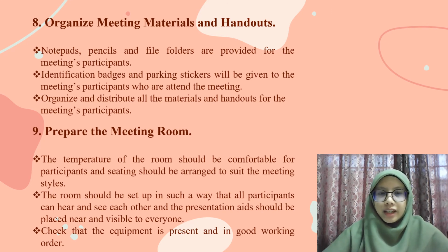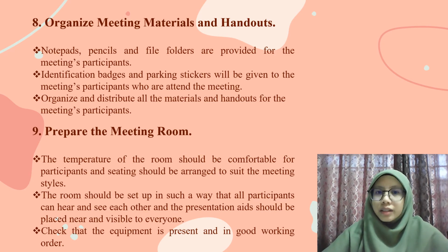Step number 9. Prepare the meeting rooms. The temperature of the room should be comfortable for participants and seating should be arranged to suit the meeting style. The room should be set up in such a way that all participants can hear and see each other, and the presentation aids should be placed near and visible to everyone.